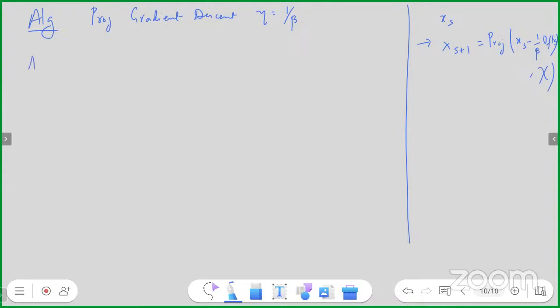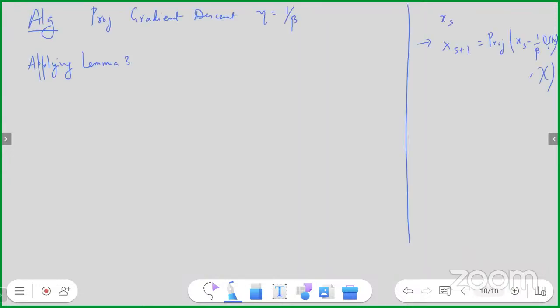So applying the lemma, did I name it 3? It is 3. Very good.